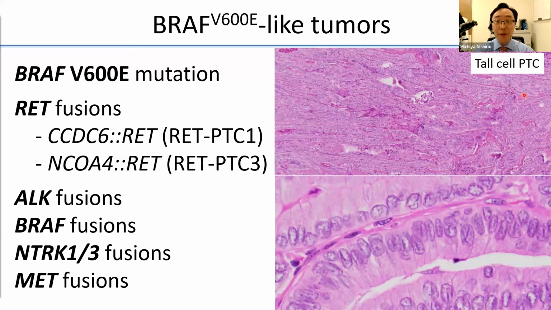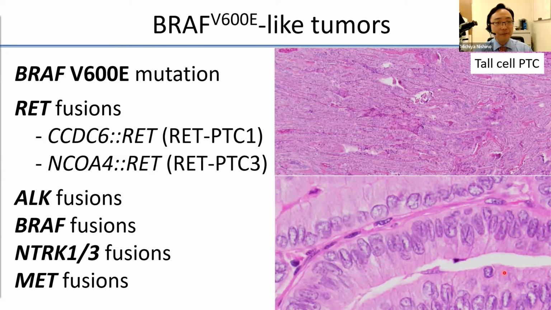Tall cell papillary carcinoma is also famous for being BRAF-like, and these can be recognized at low magnification by having this eosinophilic, elongated, tram-track-like architecture, and on high magnification, of course, a tall cytomorphology with cell heights that are three times as tall as they are wide. Tall cell papillary carcinoma is also well known for having overt nuclear atypia with nuclear enlargement, nuclear irregularity, lots of longitudinal grooves, and often readily identifiable intranuclear pseudo-inclusions as well.